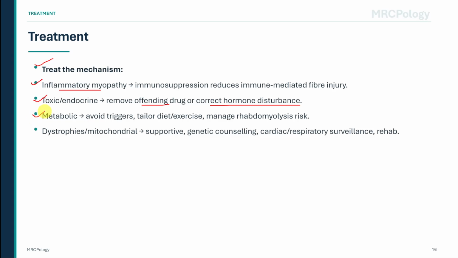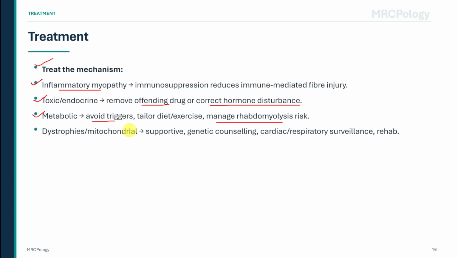Metabolic myopathies require individualized management. This may include avoiding fasting or specific exercise triggers, modifying diet, developing a safe exercise plan, and preparing for illness or catabolic stress. Patients at risk of rhabdomyolysis need clear advice about hydration, warning symptoms, and when urgent assessment is required.